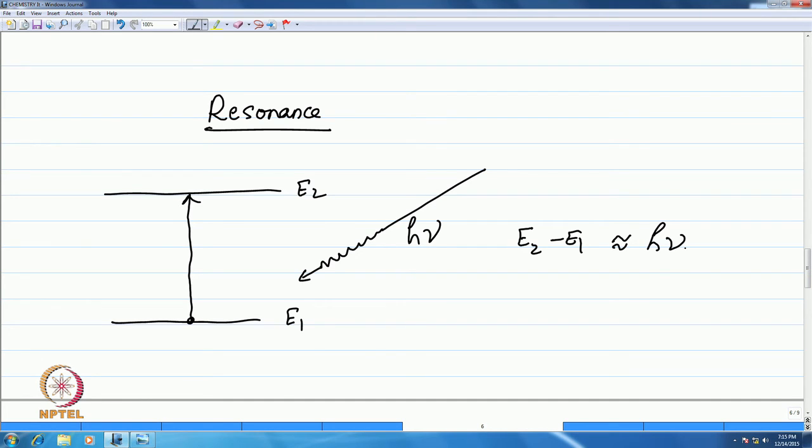Okay. This is the condition under which we will study most of our spectroscopic concepts.